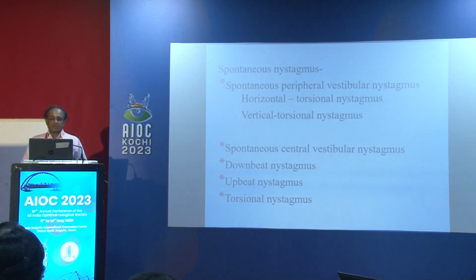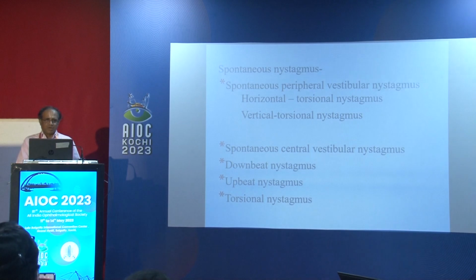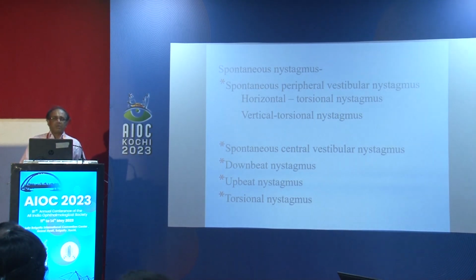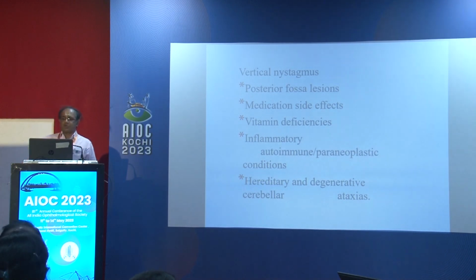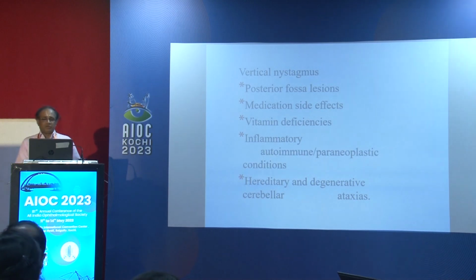So spontaneous nystagmus can be a downbeat nystagmus or an upbeat nystagmus or torsional dysrhythmia. The importance is that these types of pathological nystagmus usually indicate the location of the lesion. So usually vertical nystagmus is because of posterior fossa lesions, medication side effects, and vitamin A deficiencies.